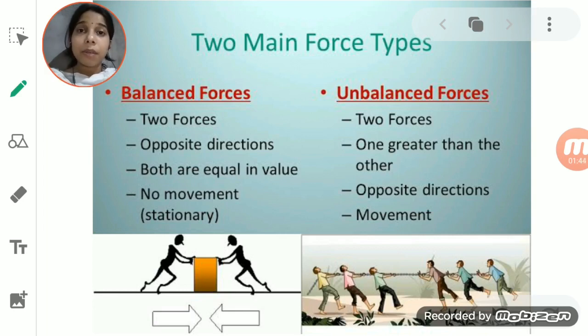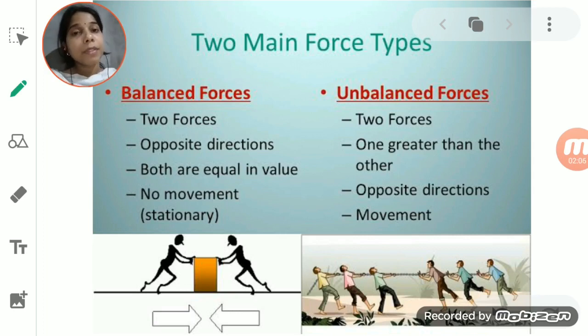So this creates what? This creates a motion in the stationary object. So in a balanced force, the two forces acting against each other are equal, and in an unbalanced force, the amount of one force is greater than that of the other.